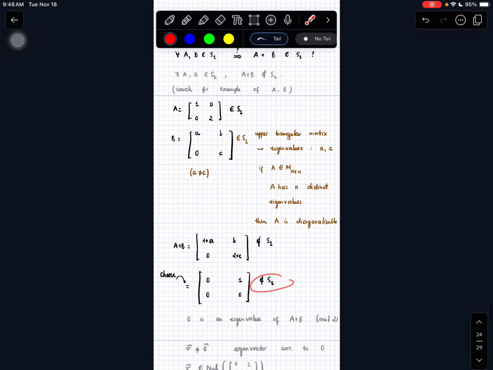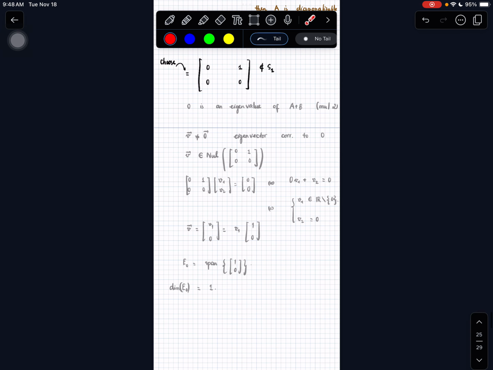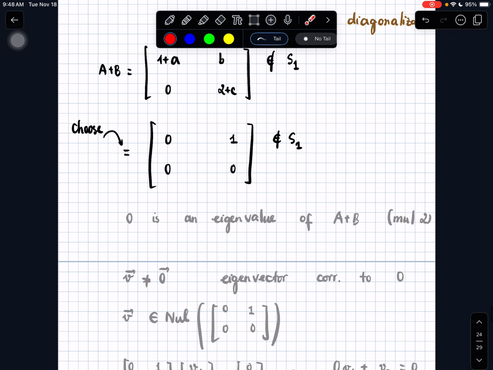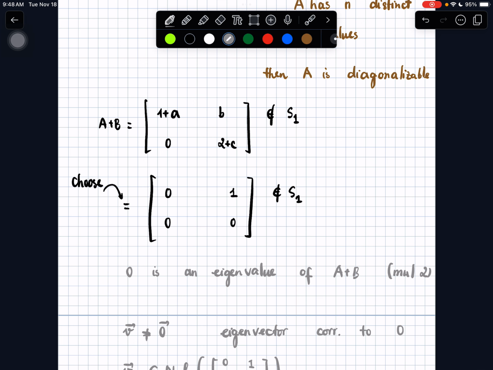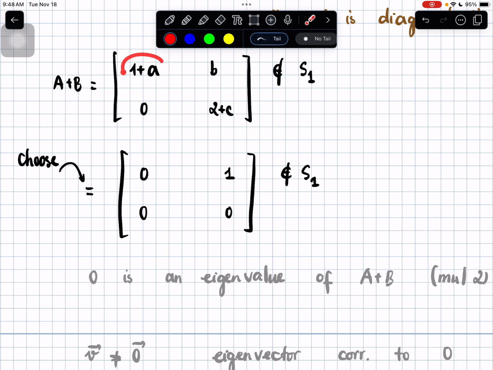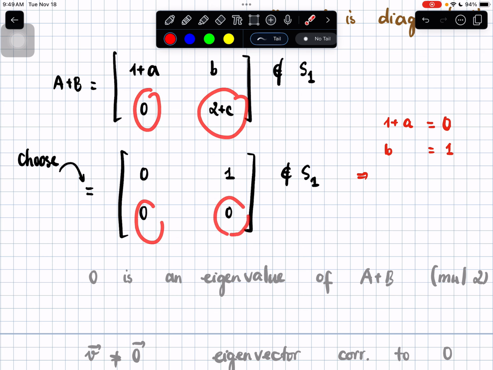So we found an example of A and B. If you really want to see the explicit example, just try to find A and B. In our case, we have 1 plus A, 0 on the off-diagonal, and 2 plus C equal to the matrix 0, 1, 0, 0.